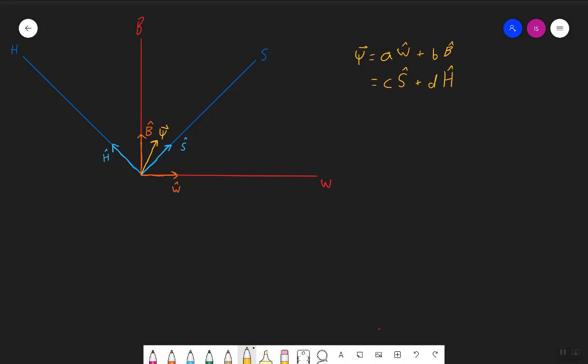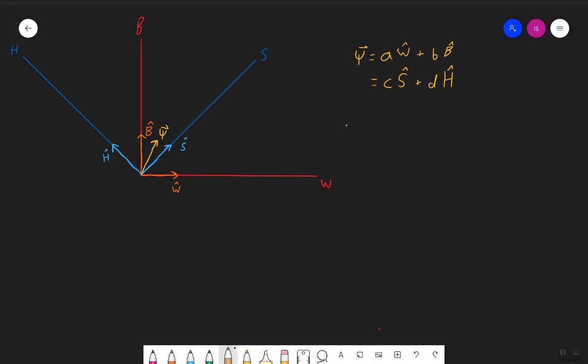Okay, and part of how we can show that these are actually equivalent definitions is it turns out we can write the white and black unit vectors in terms of the soft and hard unit vectors and vice versa. And so hopefully you can see sort of geometrically how this might work. So let's write in orange.